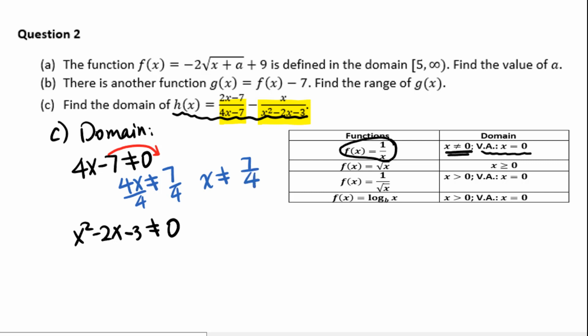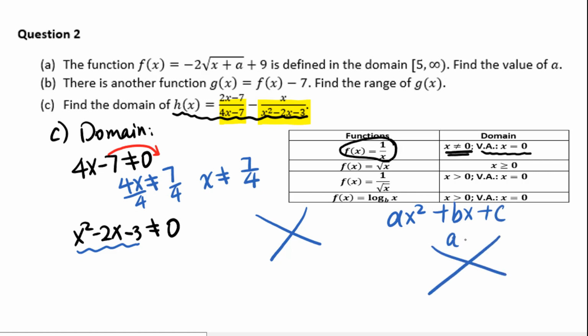For x squared minus 2x minus 3 not equal to 0, we got to use the ninja x. So ninja x is ax squared plus bx plus c. A times c, here's b over a over a.